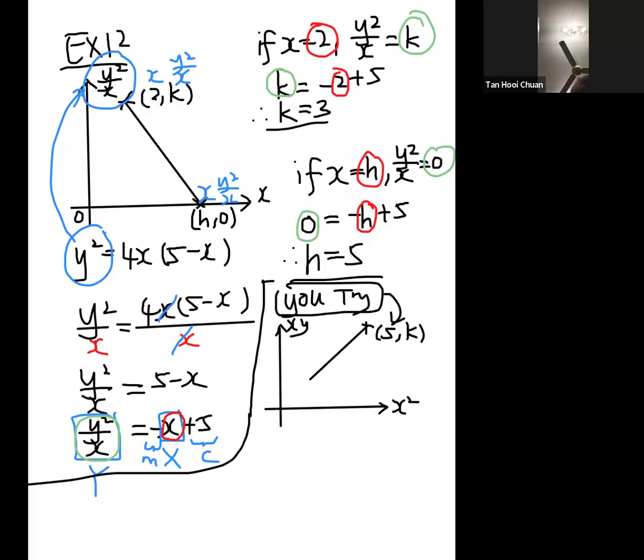It is 5k, kh4. And then y equal to 3x. Okay, this is the first one. You find h and k. Both also find h and k.